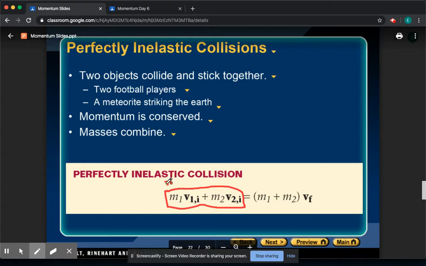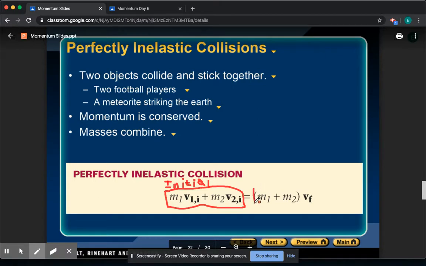This is what it is in the beginning before the crash. Again, this is sometimes hard to write on, I'm actually on the pad on the laptop. So this is your initial momentum.